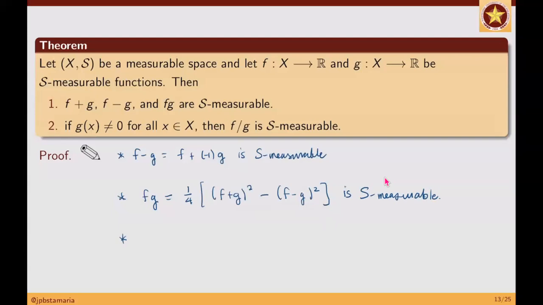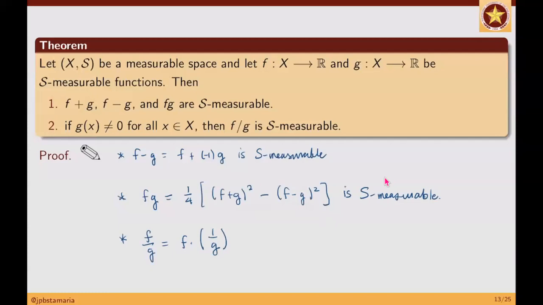How about F over G? Alam naman natin na hindi nagsi-zero si G of X, I mean. Bakit si F over G measurable? Ganito. Yung F over G kasi ay F times 1 over G. Okay. Si G ay measurable.